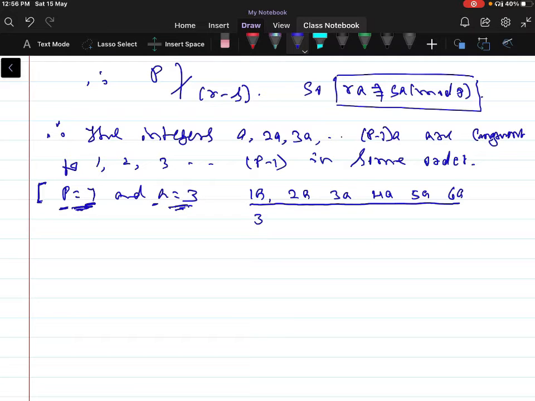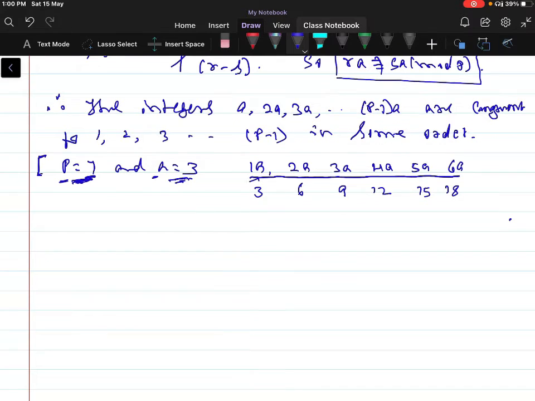So first 1a is nothing but 3, 2a is 6, then 9, 12, 15, and 6 threes are 18. So these are the multiples of a.